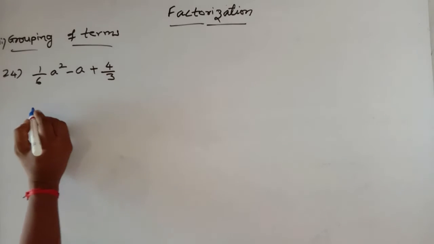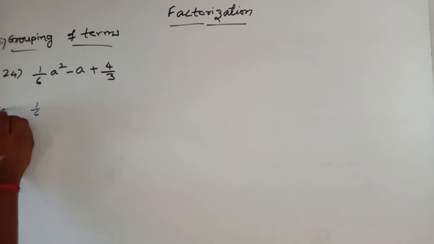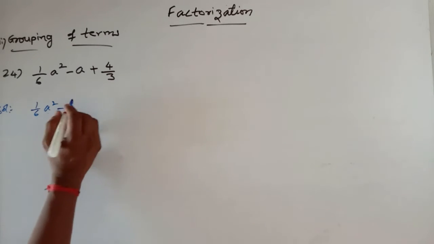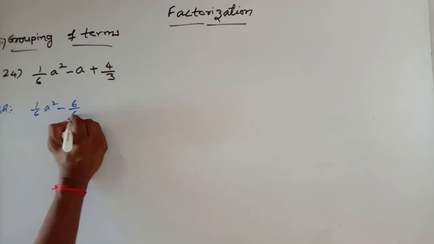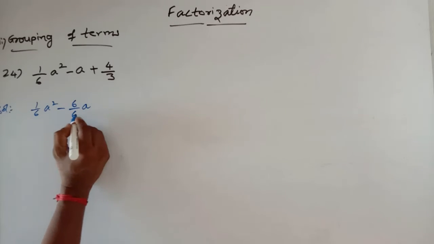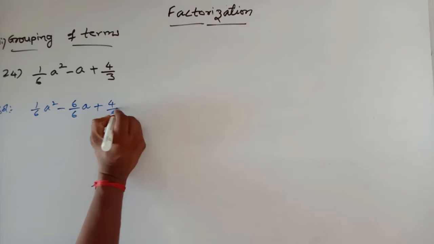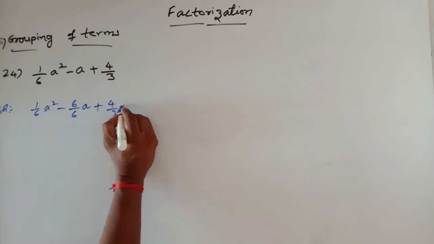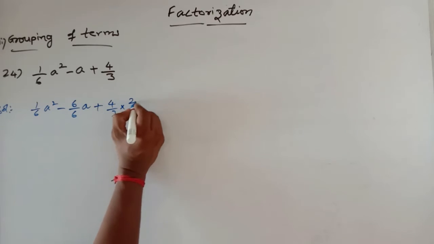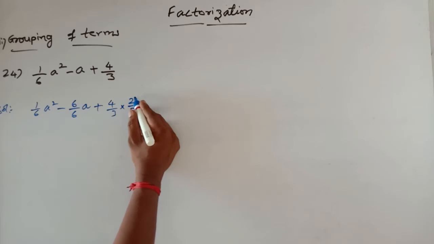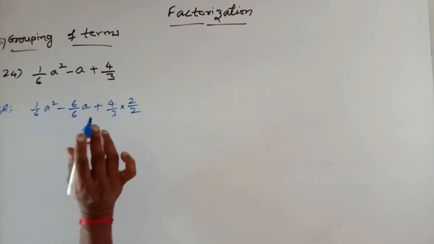Children, here I am taking 1 by 6 a square. I am making all the denominators equal. So I am dividing and multiplying by 6 into a. So here automatically I am going to get the same value, minus a, plus 4 by 3. Then how much I need to multiply to get the denominator? 6. That is, I am dividing and multiplying by 2 by 2. So automatically if I am cancelling 2 by 2, then it will be 4 by 3.